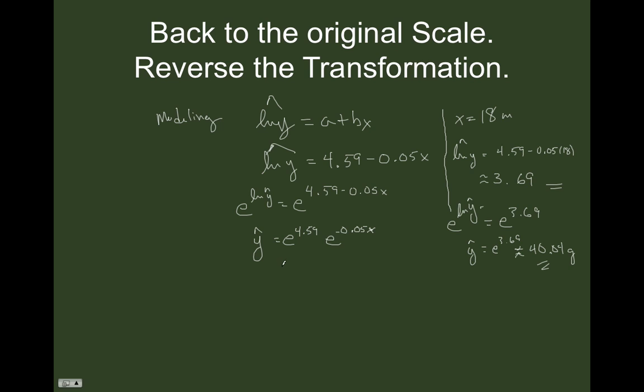I think nonlinear modeling is starting to stretch the concept of this being an elementary stats class. So my actual model here would be e to the 4.59 and then e to the negative 0.05. Now, normally we would write this also.